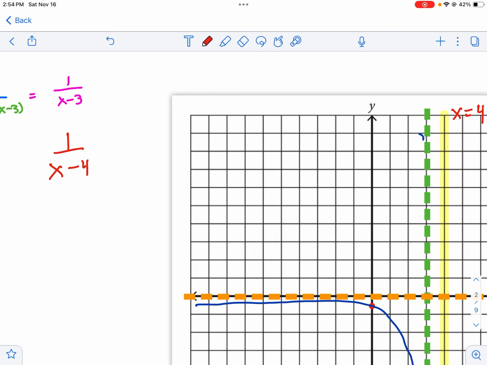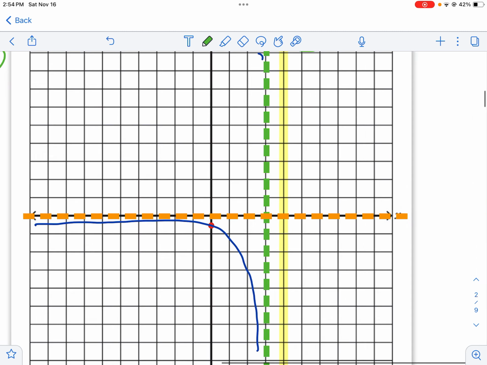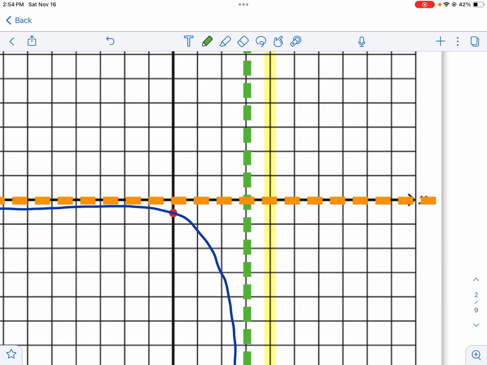If x is 4, this is 1 over 1. So that tells me that there is a point on my graph, 4, 1. 4, 1 has to exist. 4, 1 is right here.